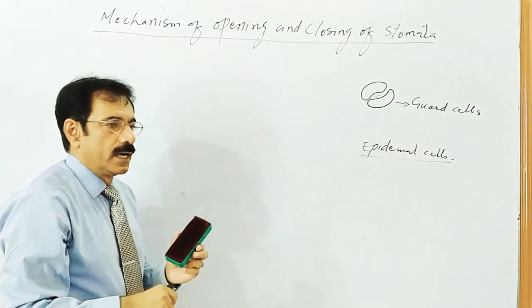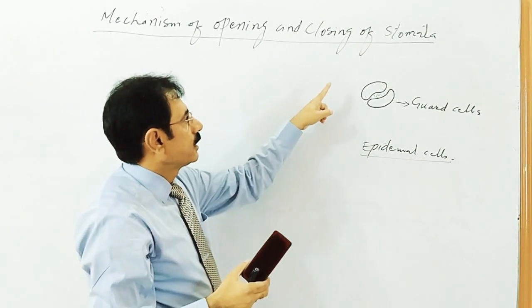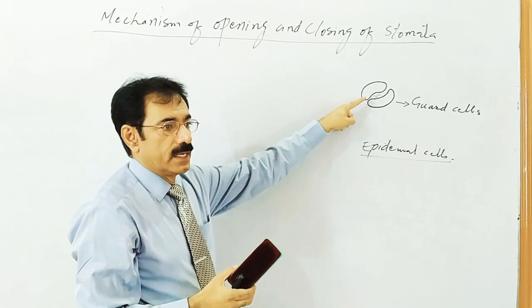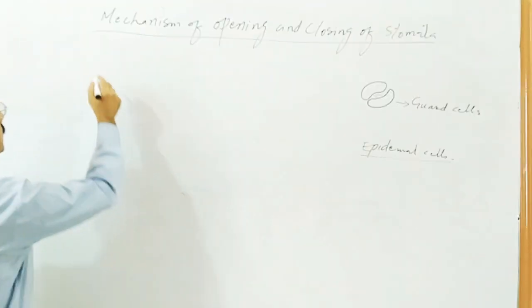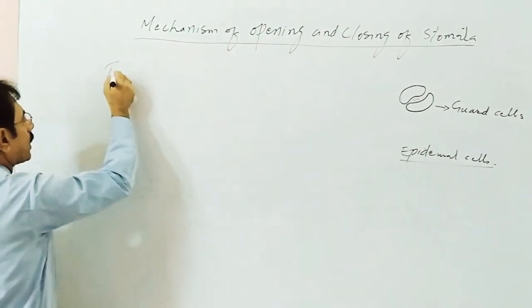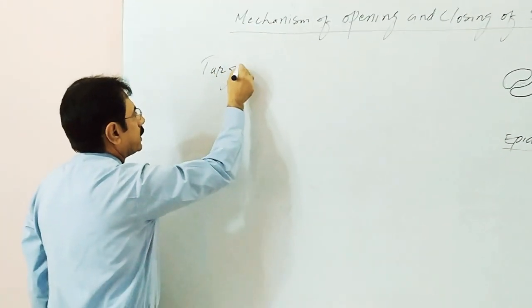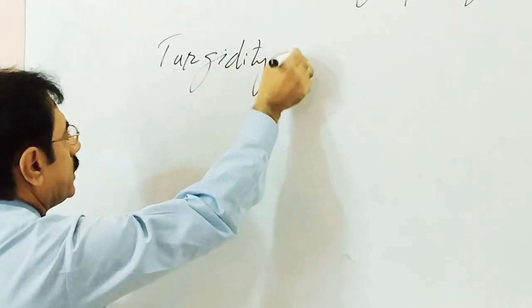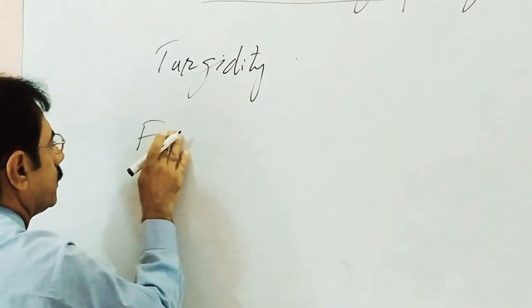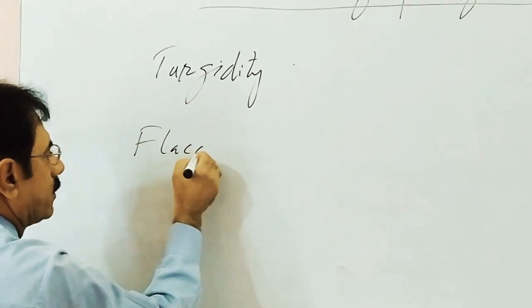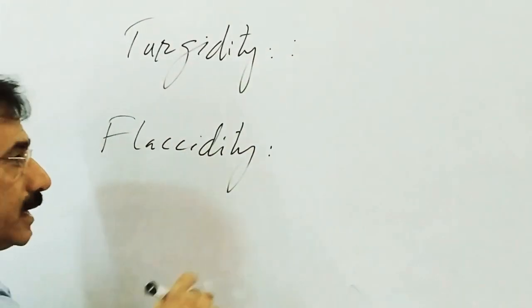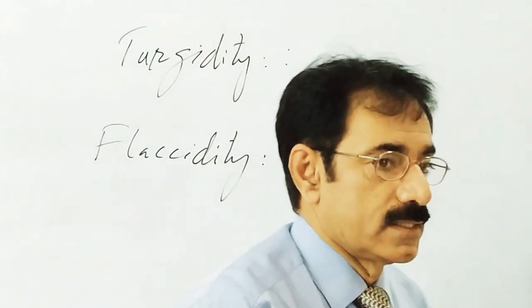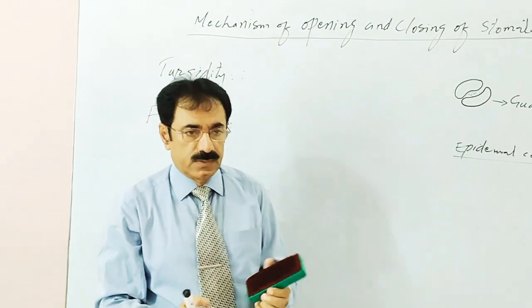The opening and closing of the stomata pores depend upon the turgidity and flexidity of guard cells. Turgidity and flexidity of the guard cells result in the opening or closing of the stomata pores.